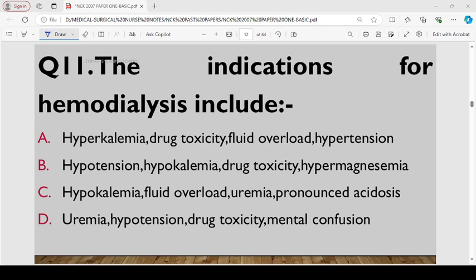If you go to option C, hypokalemia is not an indication, but hyperkalemia is, right? That makes that option to be wrong. Option B, hypotension again and hypokalemia. These are not typical indications. Hemodialysis is usually indicated for hyperkalemia and not hypokalemia. So that makes option A the most appropriate. Hyperkalemia, drug toxicity, fluid overload, and hypertension.